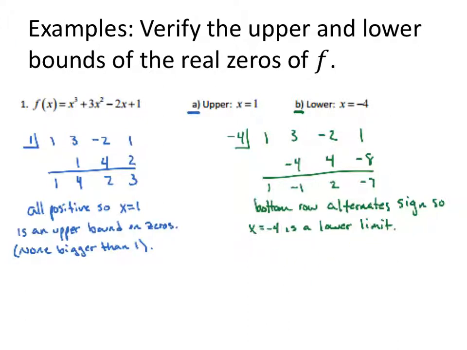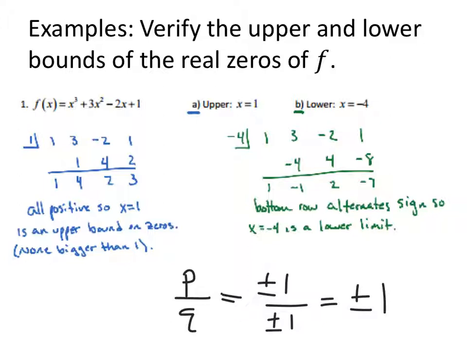And from our rational zeros theorem, we know that P over Q, all rational zeros, have the form plus or minus 1 over plus or minus 1. And that's plus or minus 1. So if 1 is an upper bound, but it doesn't work, right, because that's not a zero remainder, the only other thing I would check for a rational zero would be negative 1.